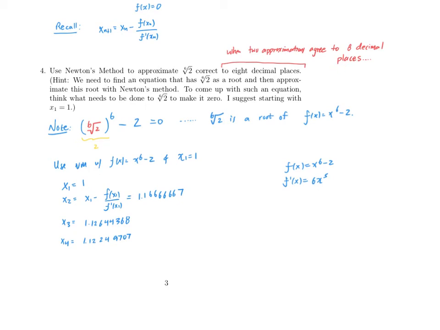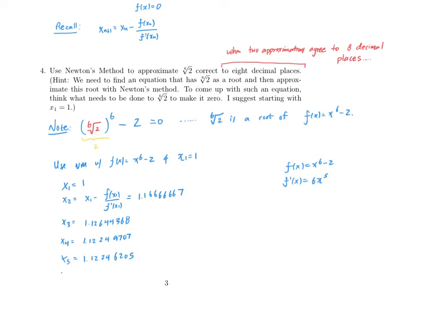At this point, I can say it appears that x4 is correct to at least 2 decimal places of accuracy. So continuing on, still using my calculator, I find that x sub 5 is equal to 1.12246205. And at this point, the most we could guarantee is maybe 4 decimal places of accuracy. So we continue on.